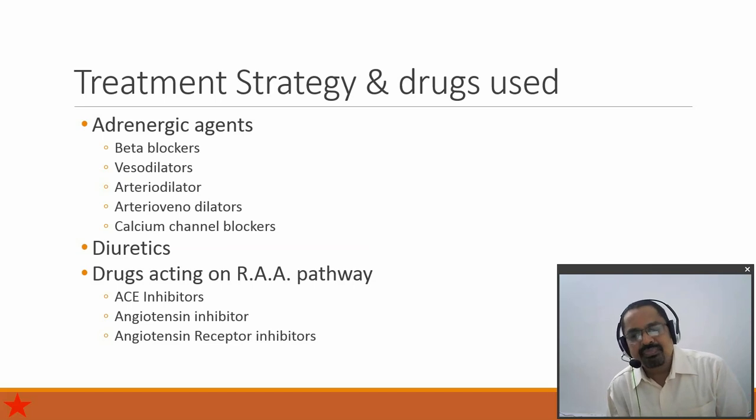And for correction measures, the drugs which act on the renin-angiotensin pathway are also used. Mainly these are ACE inhibitors, angiotensin converting enzyme inhibitors, and angiotensin receptor inhibitors. These are the different types of drugs used in the treatment of congestive heart failure.